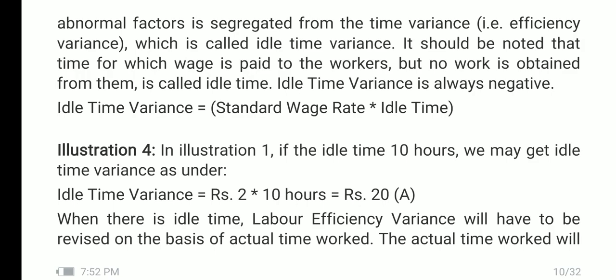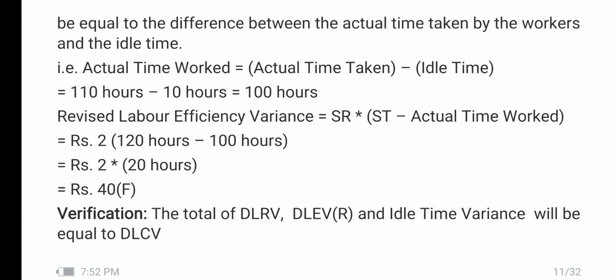When there is idle time, labor efficiency variance will have to be revised on the basis of actual time worked. The actual time worked will be equal to the difference between the actual time taken by the workers and the idle time. Actual time worked is equal to actual time taken minus idle time.